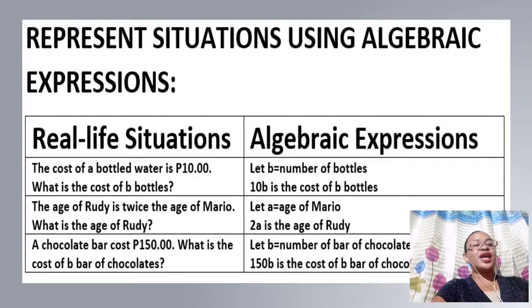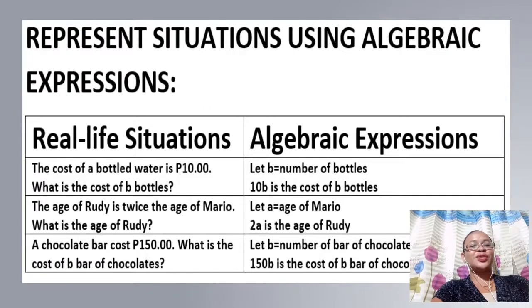And since it is stated here that the age of Rudy is twice the age of Mario, the word twice means 2 times. And since we let A be the age of Mario, the age of Rudy is equal to 2A. So that's the algebraic expression 2A.